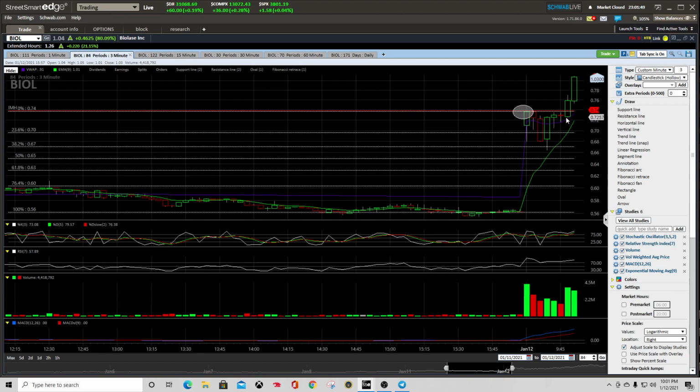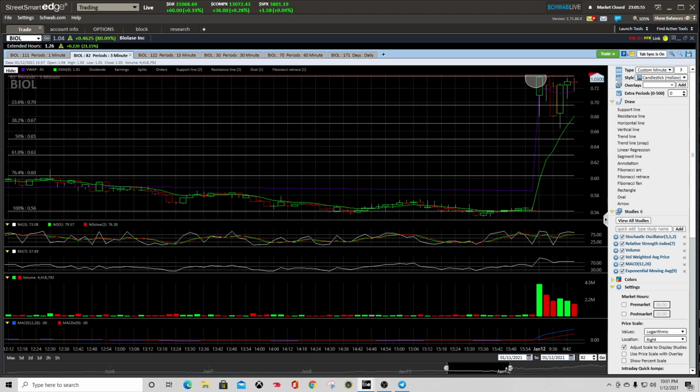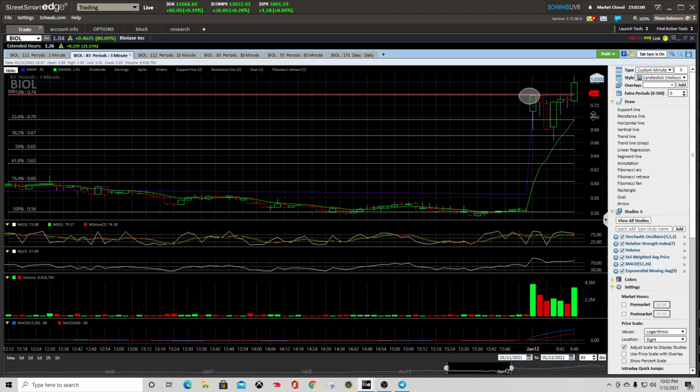Here you could have entered a position, but let's just assume we didn't. Right there you see the break through the initial morning high. You don't want to enter right on the first break because you don't know if the stock is just going to go here and then pull back.